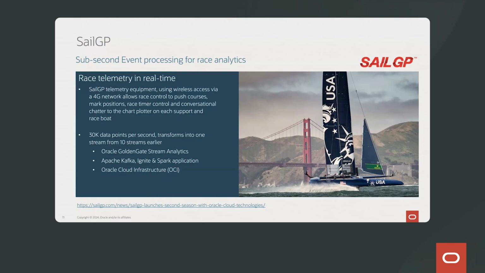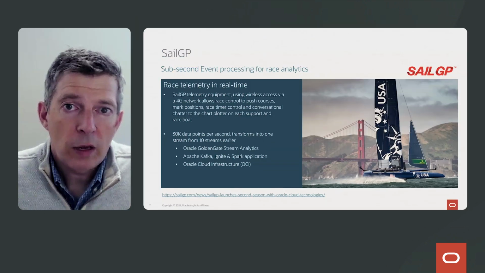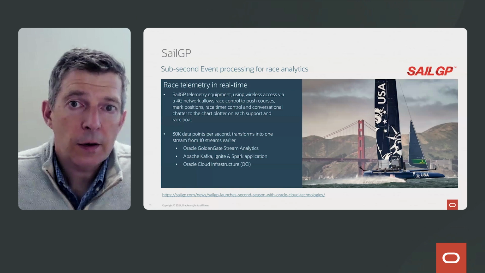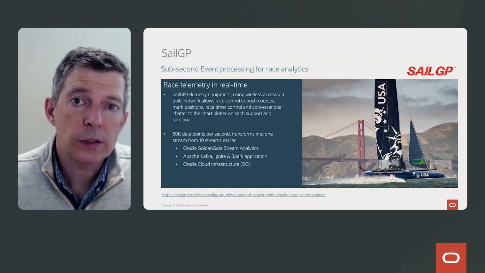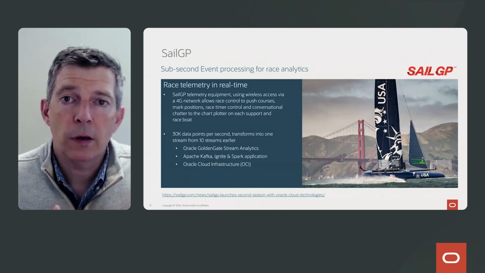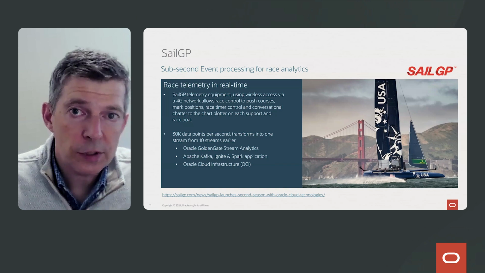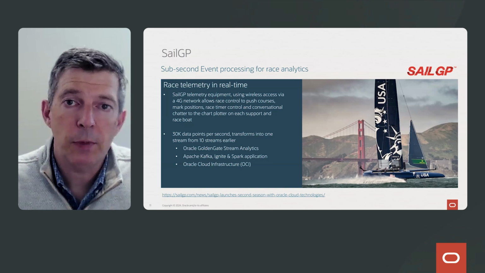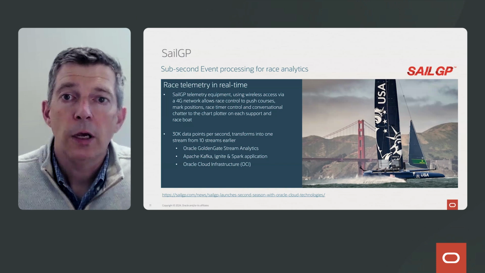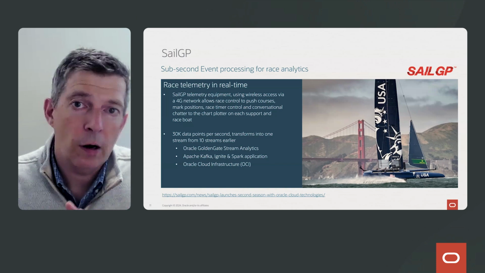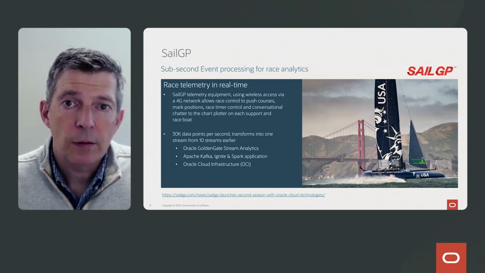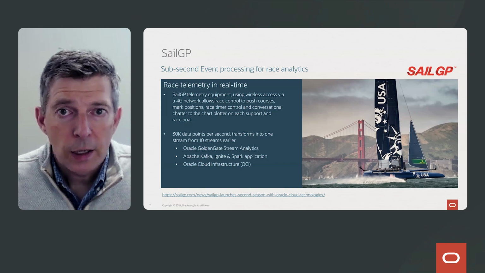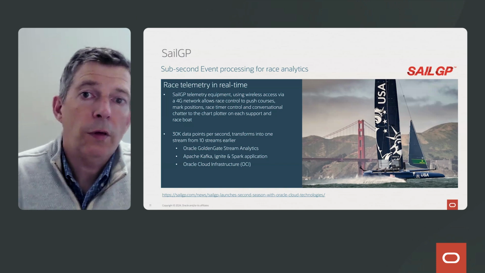And also it involves the concept of data mesh, where you have both data providers and data consumers, where you have the data coming in from the boats and you can provide it like a product to a number of consumers. In this case, it might be the boat teams themselves, it might be the umpires, it might be the broadcasting partners who use it in order to provide their broadcasting statistics, their broadcasting information, their leaderboards, and so on, to the fans themselves.